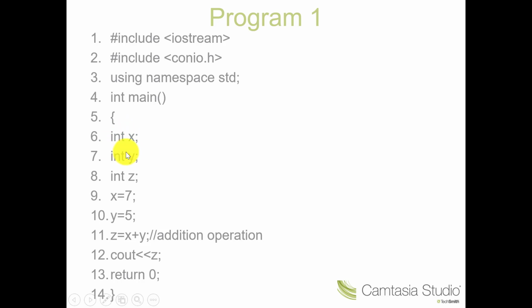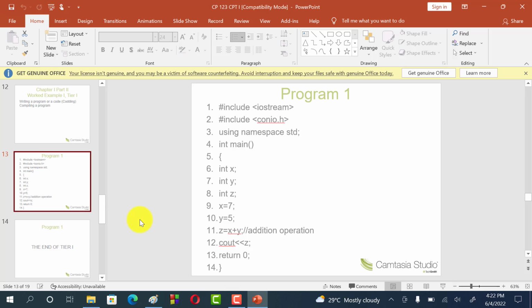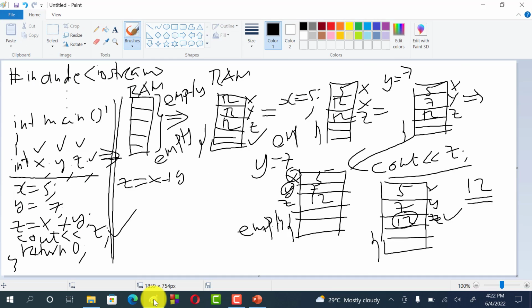So from this line and this line and this line we have what we call variable declaration. At this line and this line we have data feeding, and on line 11 is where we have the process. And now let us go and see how this particular program can be interpreted using the so-called RAM diagrams.